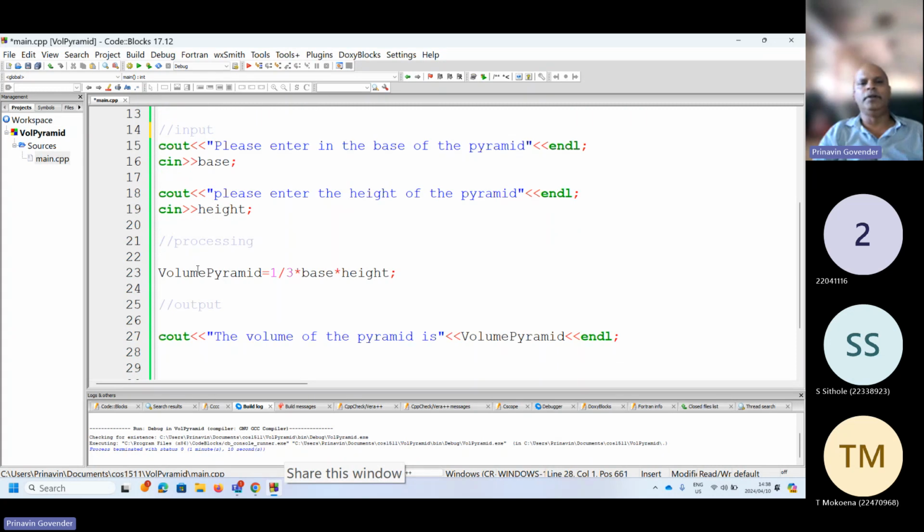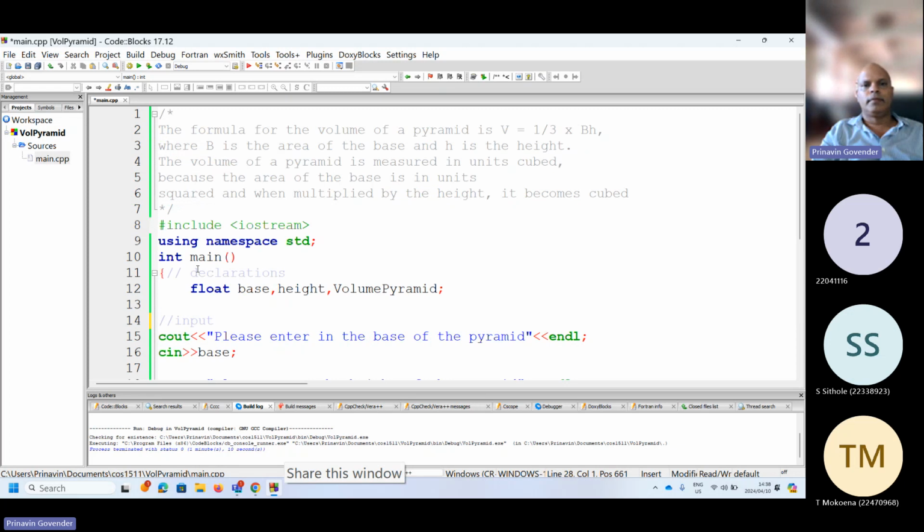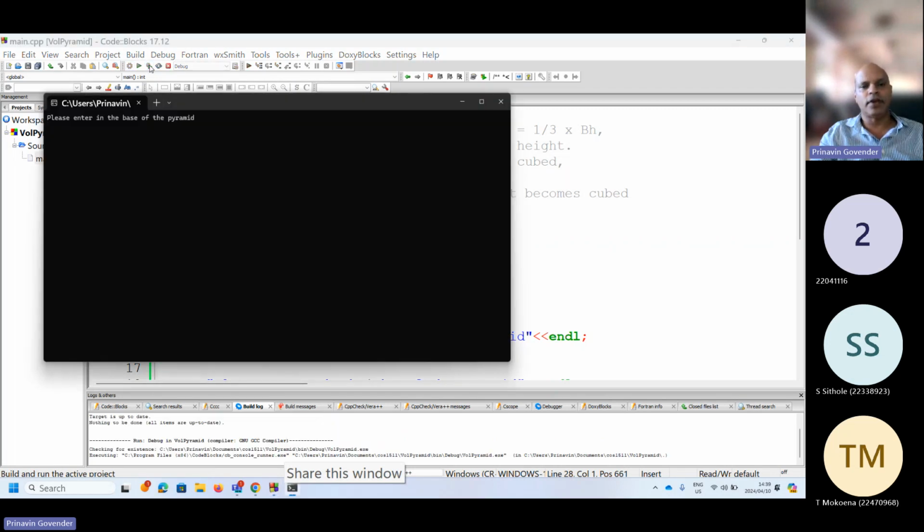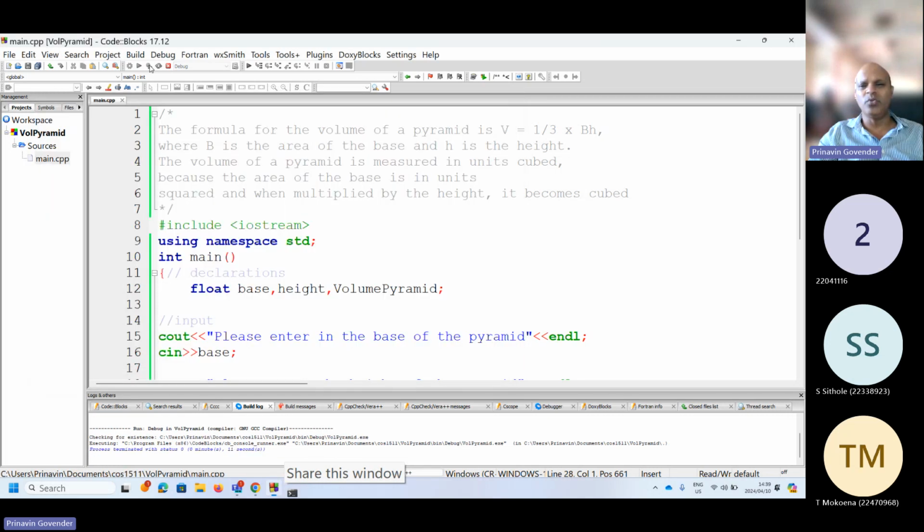The volume of the pyramid is base times height. Let me run the program again. Build and run. Enter the base of the pyramid. The base of the pyramid is 100. The height of the pyramid is 300. The volume of the pyramid is 0. That's not right.